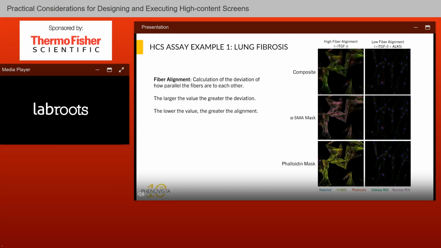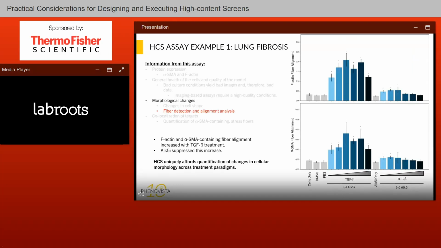Doing things like that is not possible unless you're doing imaging. So again, that can be plotted here in the top right. You've got F-actin fiber alignment increasing with TGF-beta administration, being suppressed with the presence of the inhibitor, and similarly with the alpha smooth muscle actin fiber. It's a similar thing, though a little bit noisier.